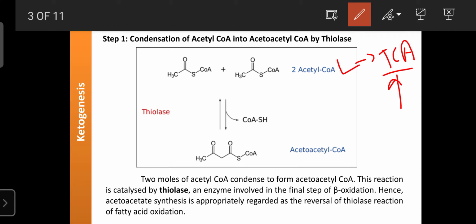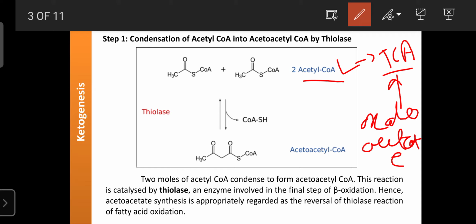The regulation of the TCA cycle mainly depends upon the oxaloacetate. In the absence or low amount of oxaloacetate, this acetyl CoA is responsible for the production of ATP through the formation of the ketone bodies.